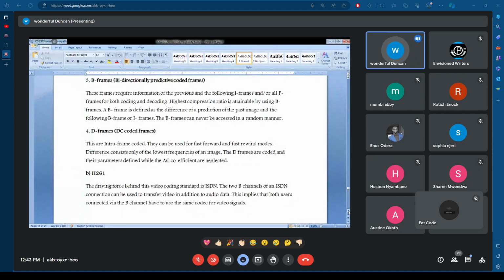Then we have the D frames. The other type of image is the D frame, or the DC coded frames. These are intra-frame coded, full stop.